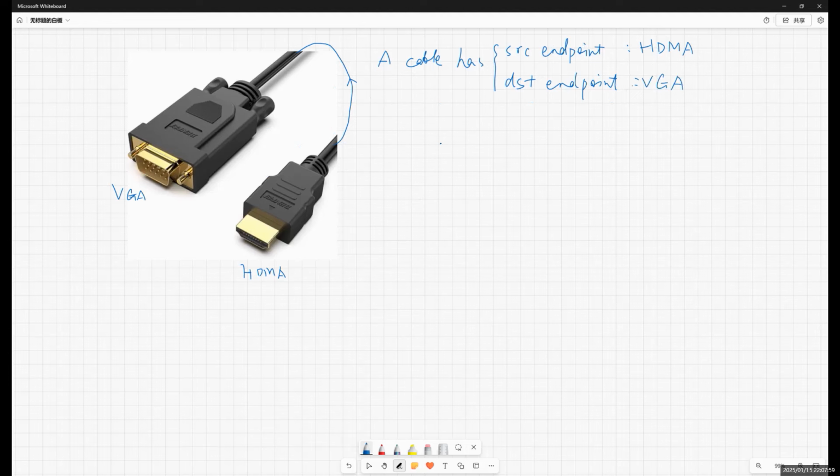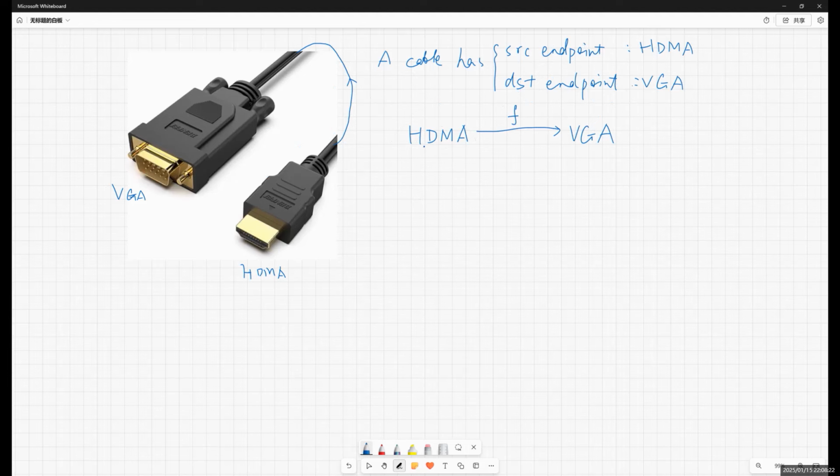Using an arrow, we can express it like this: from the source endpoint, an arrow points to the destination endpoint VGA. We call it F.